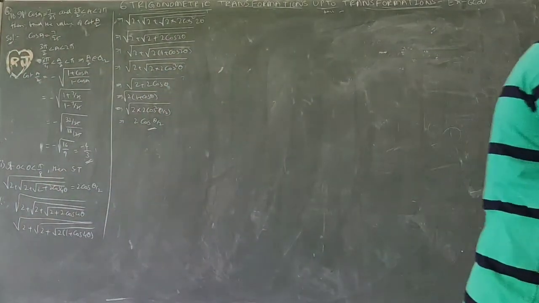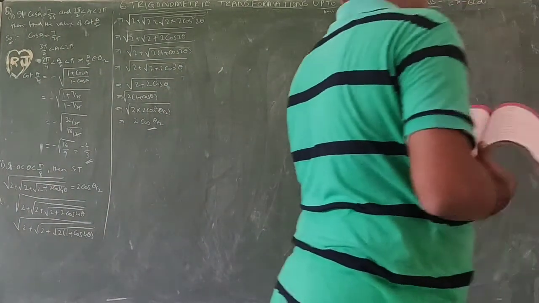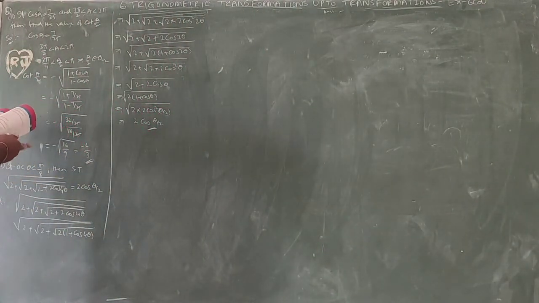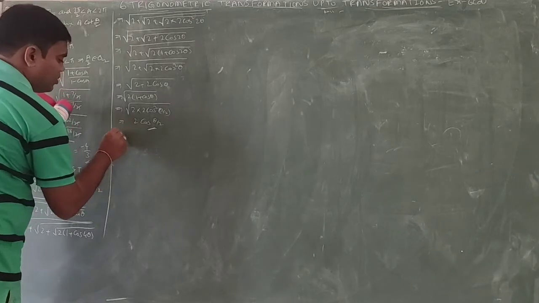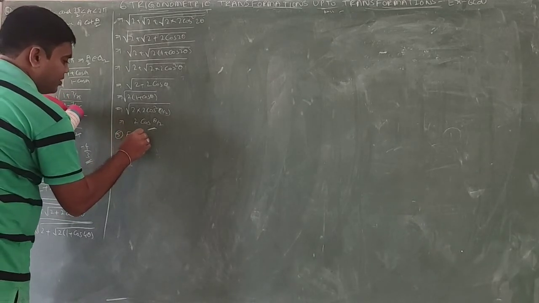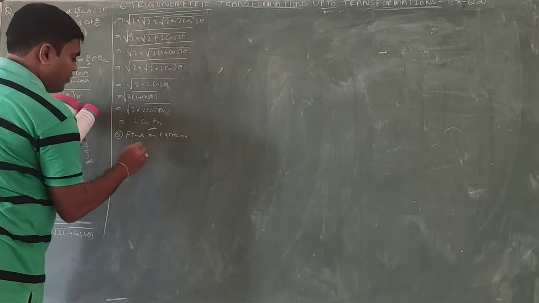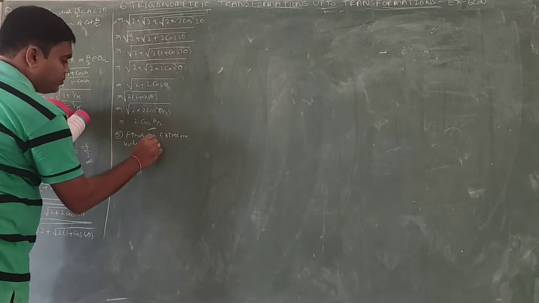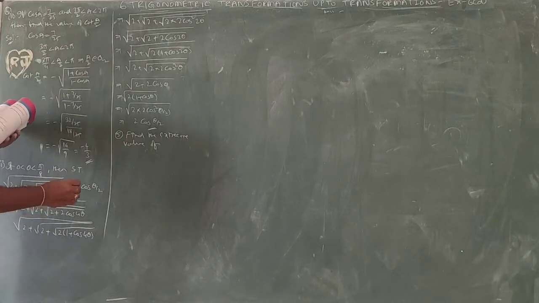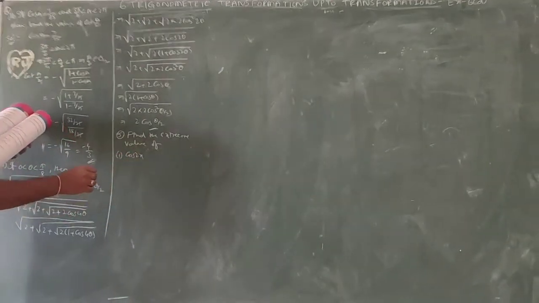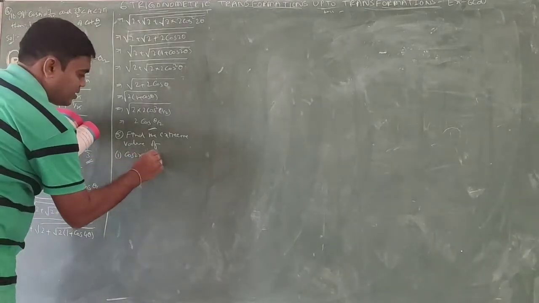Okay, next question, fifth question. Find the extreme values of first one: cos 2x plus cos square x.